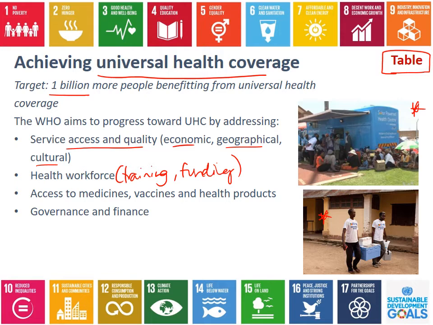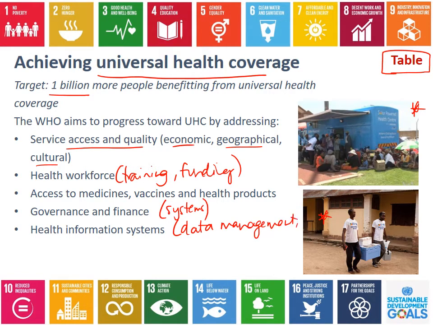Governance and finance. So this is basically helping countries, especially countries that have quite poor government systems in place. Health information systems. This usually relates to things like data management, being able to track diseases and things like that.